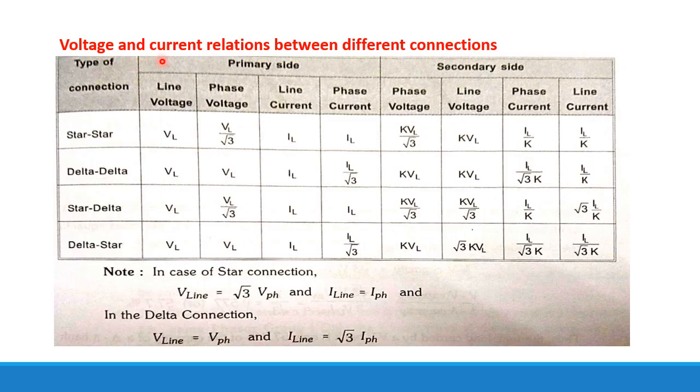These are the voltage and current relations between different connections.